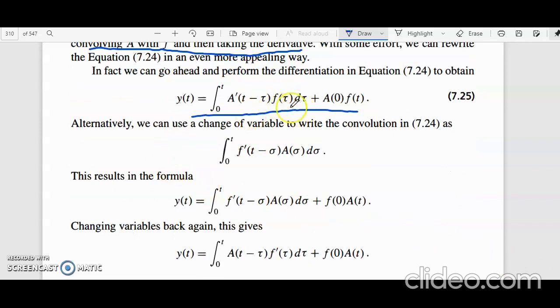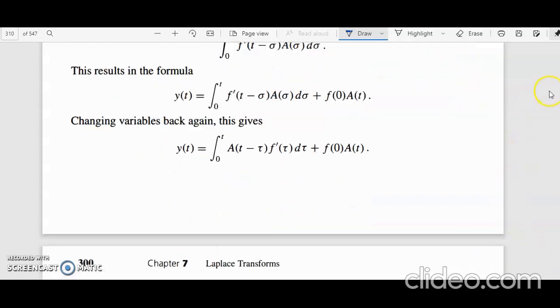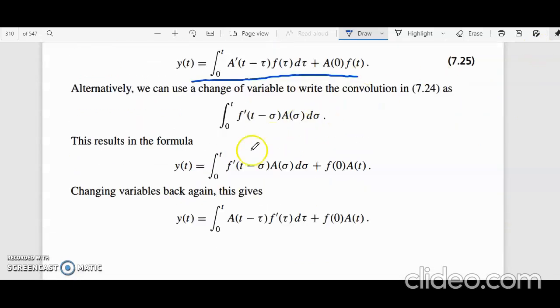We can write this solution in this form, or when we interchange the convolution formula, you can obtain it in another form. So the required solution is in the form integral 0 to t f dash of t minus sigma a of sigma d sigma plus f of 0 into a of t, or you can also write it in the form integral 0 to t a of t minus tau f dash of tau d tau plus f of 0 a of t.